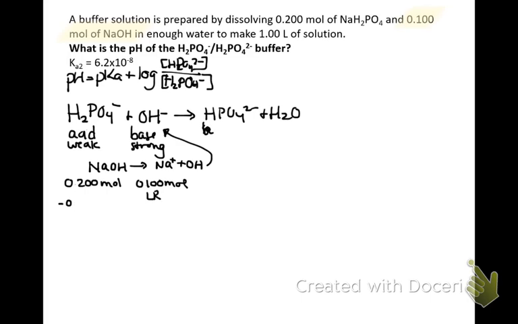So we're going to lose 0.1 moles of each thing in their stoichiometric ratios from each side. We start out with no HPO4 2 minus, but we're going to produce 0.10 moles.